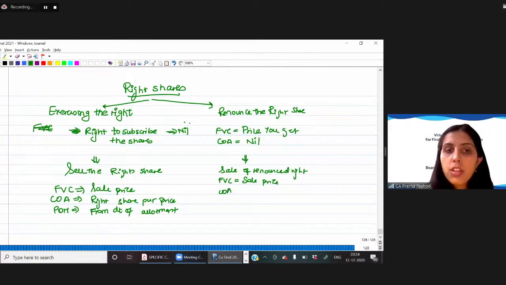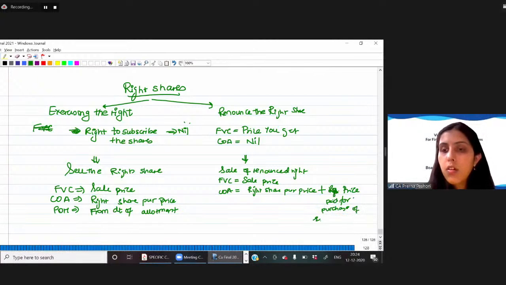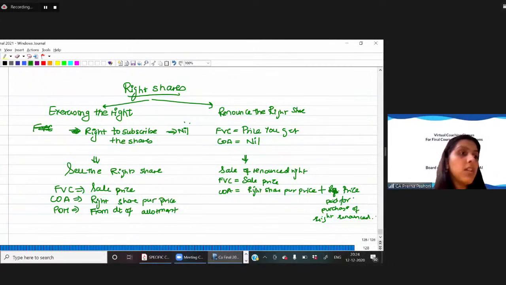Cost of acquisition is equal to the rights share purchase price plus the price paid for purchase of the right renounced. Is it clear? Are you clear with this concept? Any doubts?